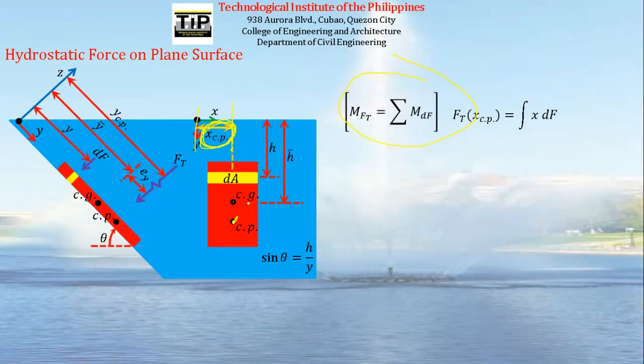So we have F sub T times the moment arm x sub Cp, and this is equal to the integral of x dM. Or yung force dito, going towards that strip, and then times x.